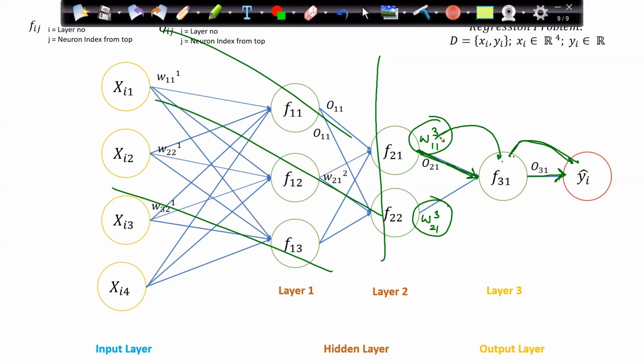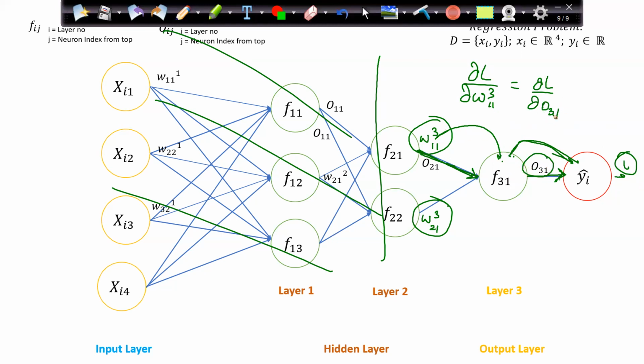So I want to update this weight, which is dou L by dou W311. For that, I need to check what all things are getting impacted. So this equation will become, using chain rule, which we discussed in the single neuron in the last discussion, dou L by dou O31, because here I have the loss function L. From here, I will first update this value and then this value.